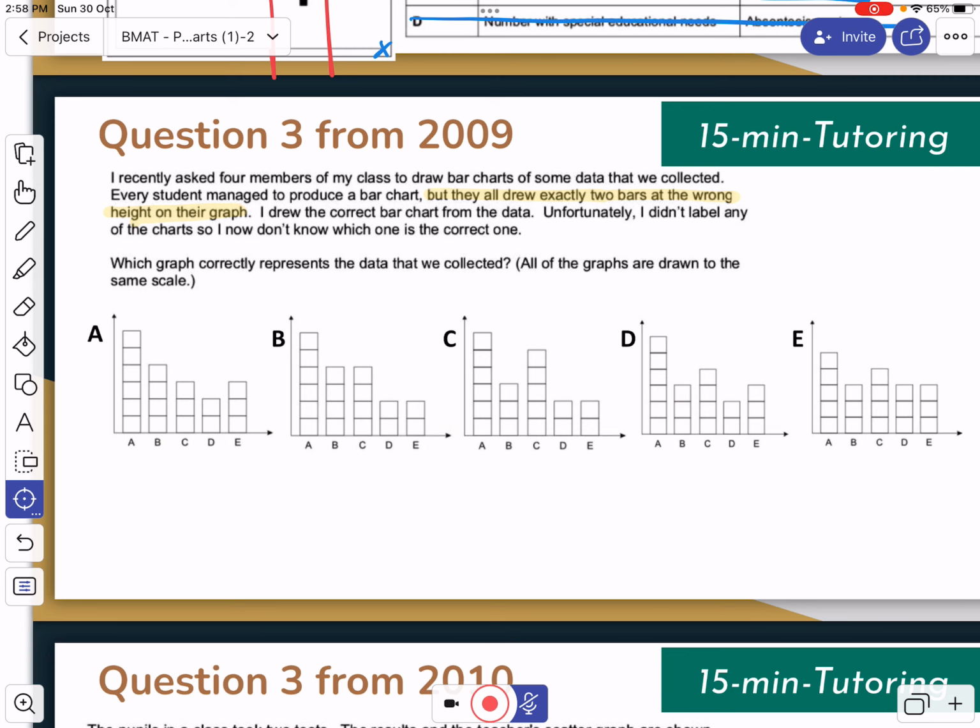Okay, so what is the situation here? Out of the 5 choices, only one is correct. And if you compare the correct and the wrong, they said the difference is exactly 2 bars. Now, we'll use that to eliminate some choices.